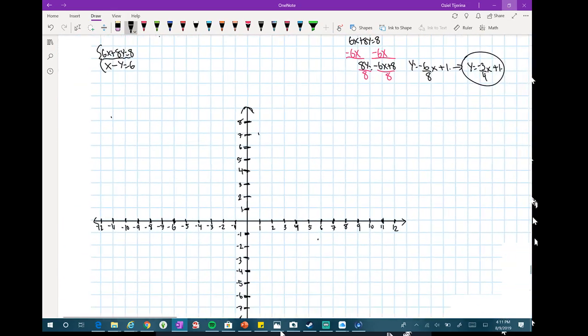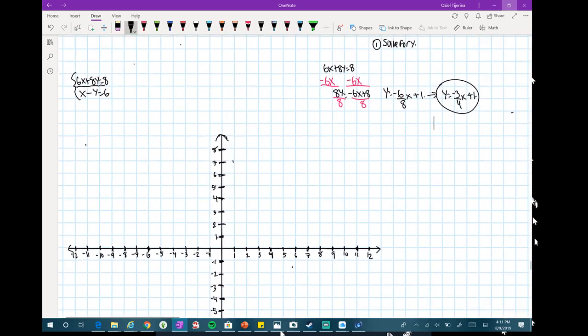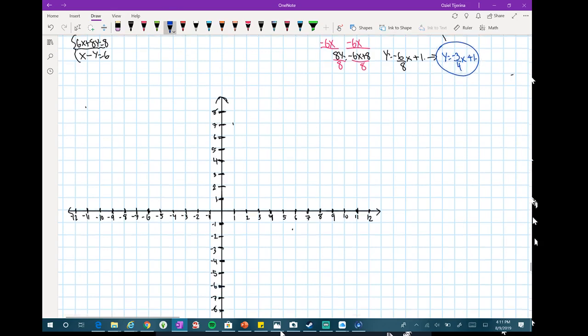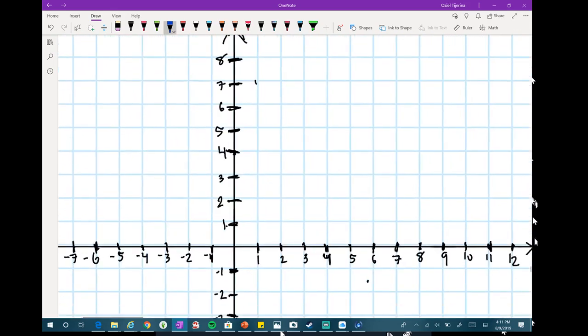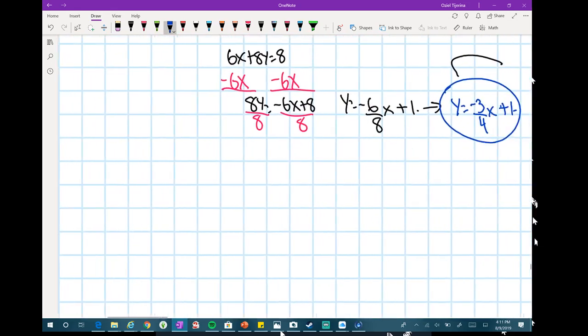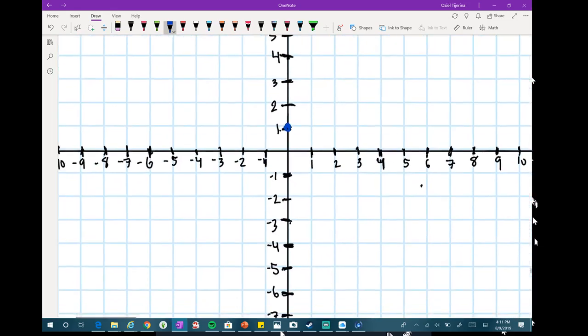And what you want to do is make sure that you plot that. So we have a y-intercept of 1 right here, and then you go down 3 and right 4.